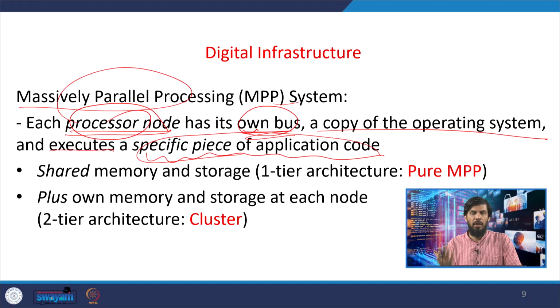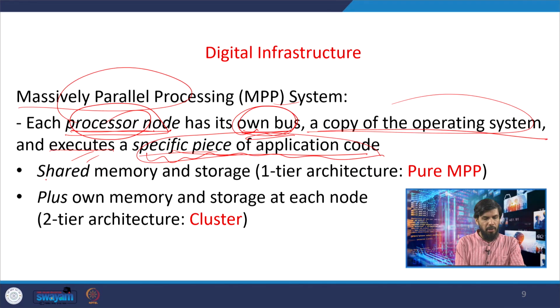It might have access to the full copy, but it has responsibility for executing only the specific part of the application code, because the whole idea is massively parallel processing. The bus is needed to connect to other hardware components in the MPP system.